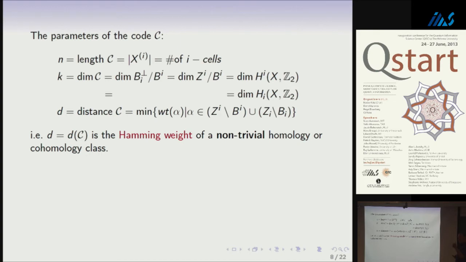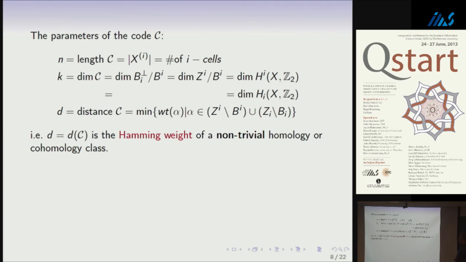The dimension of the code is something that we mathematicians are very interested in: the dimension of the homology of the complex. The distance of the code gives some new challenge to mathematicians, but a challenge which is semi-familiar. Let me explain.